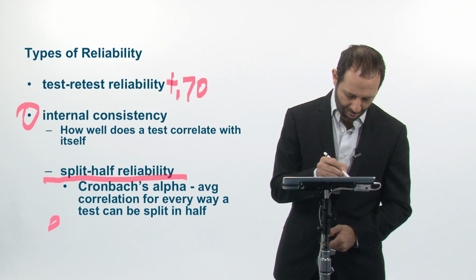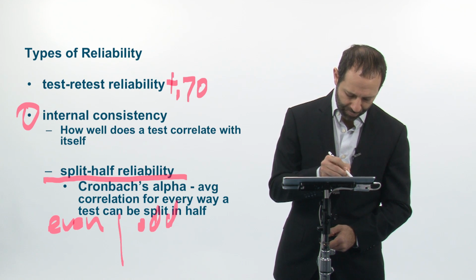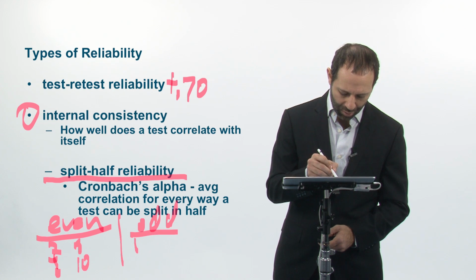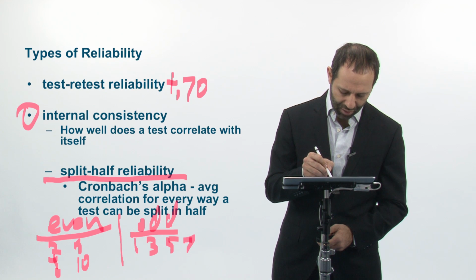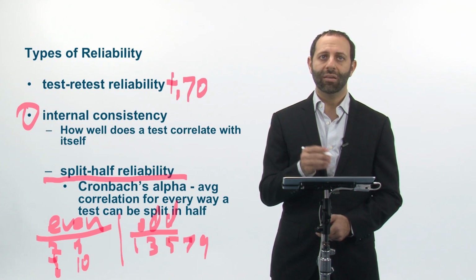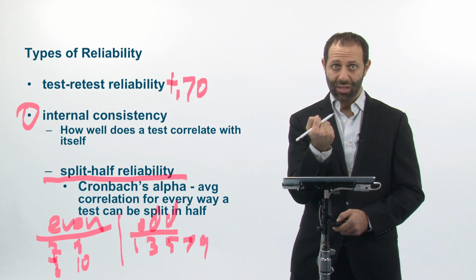So I have the even numbers here, I have the odd numbers here. So I'm going to look at my scores on numbers 2, 4, 6, 8, and 10, and compare them to, obviously, 1, 3, 5, 7, and 9. And I total up the scores, and I compare to see how well do they coalesce with each other.